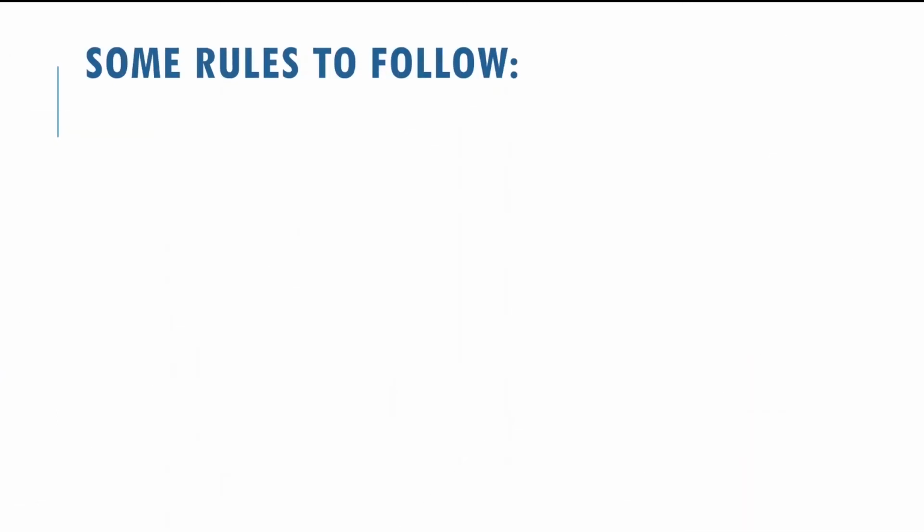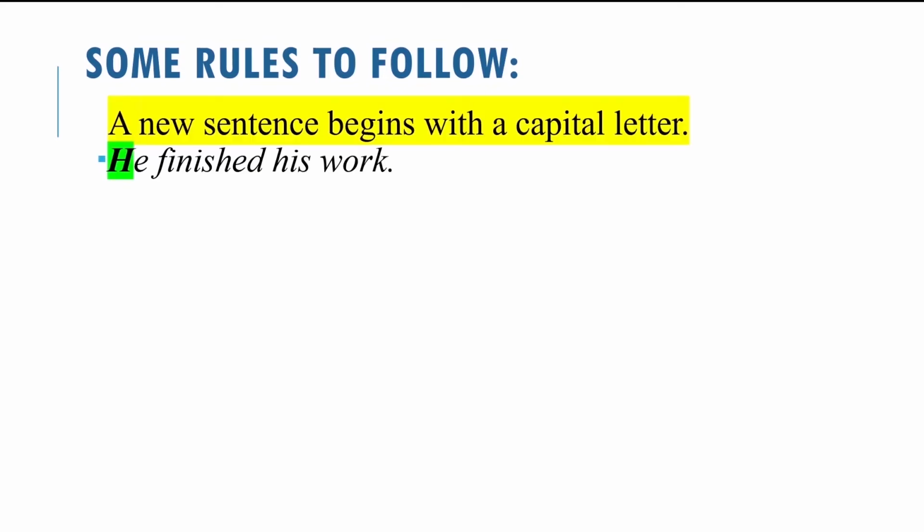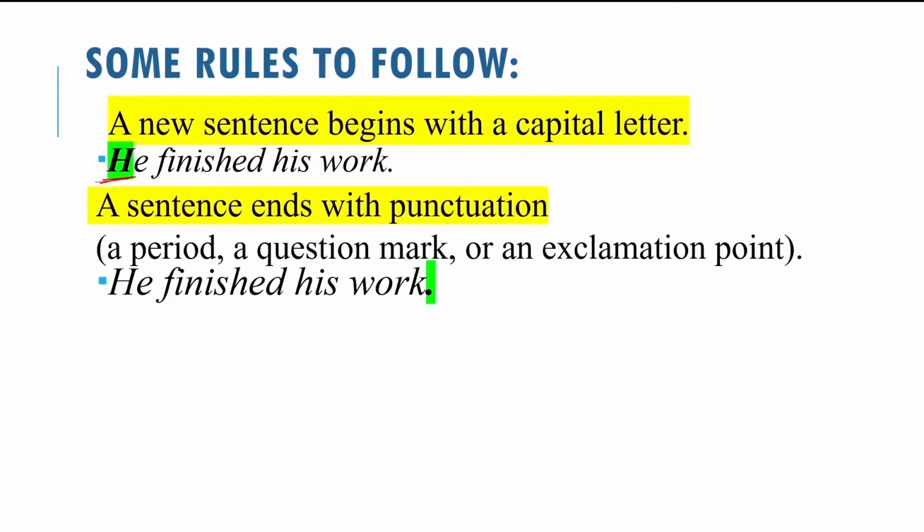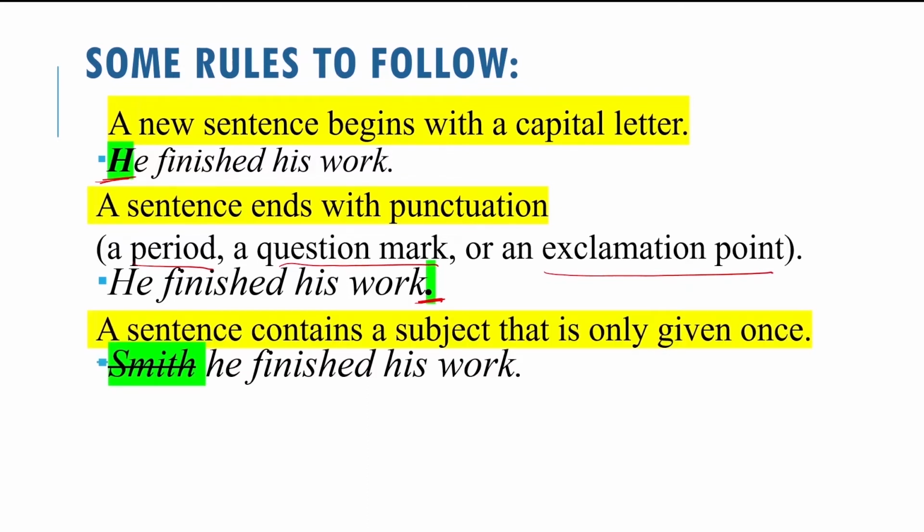There are some guidelines which are mandatory in case of sentences in English. Let's explore that. A new sentence begins with a capital letter. He finished his work. First letter should be capital. A sentence ends with punctuation. He finished his work. Punctuation can be a period, a question mark, or an exclamation point. And then a sentence contains a subject that is only given once.